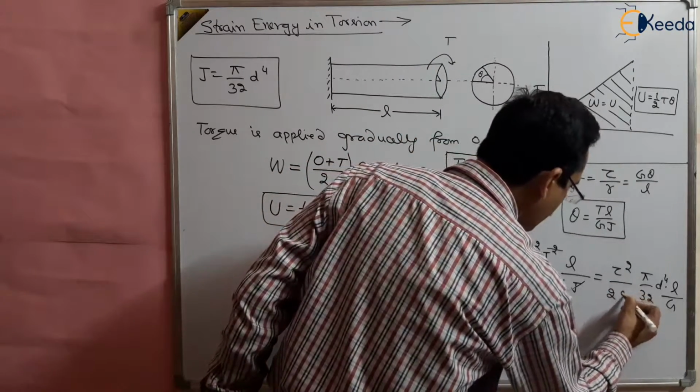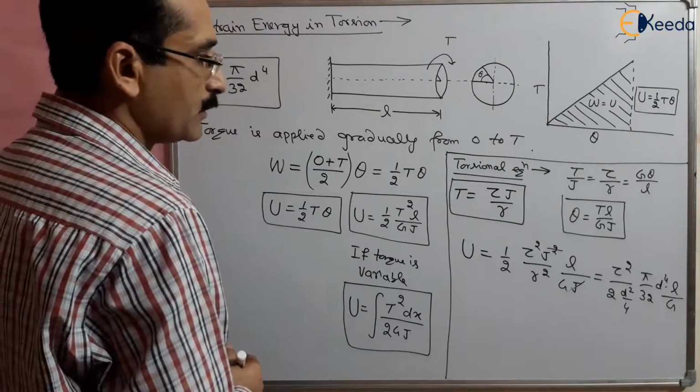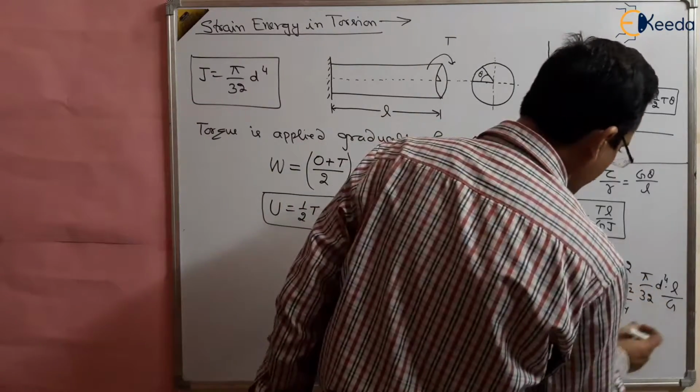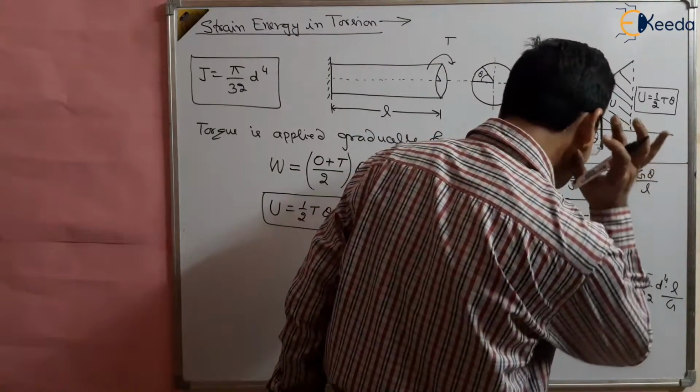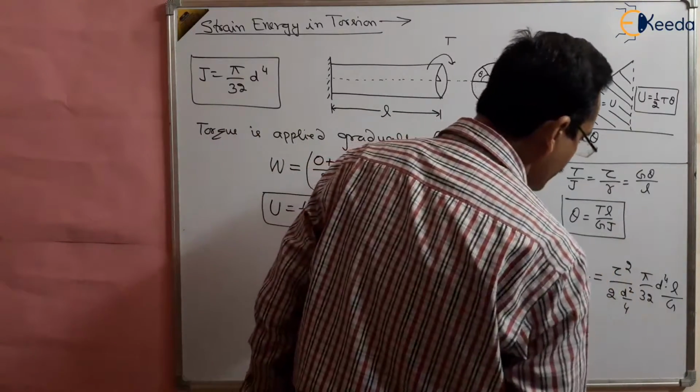So this R square can be written as d square by 4. Solve it, and finally you will get the strain energy stored.